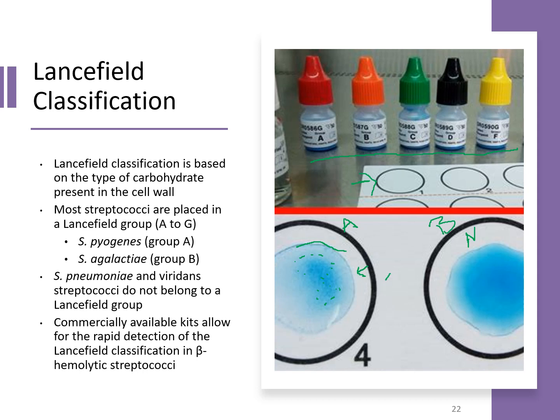And so with your positive result, in this example, if it was positive to our A but negative to our B, then we did the Lancefield typing here for our group A S. pyogenes. So Strep pneumo and viridans streptococci do not belong to any Lancefield group, so this test would not be useful for those.